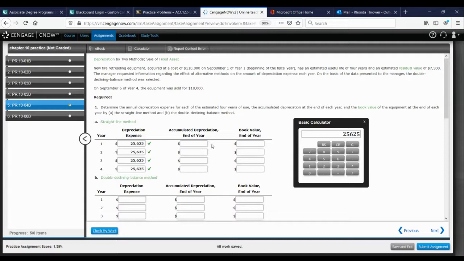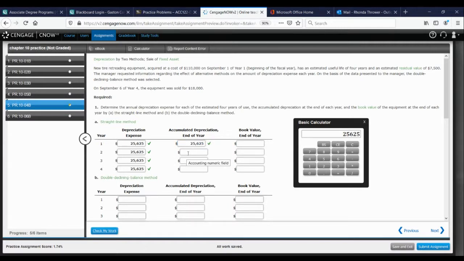To find the accumulated depreciation, what we're going to do in the first year is take the total amount of the depreciation expense for the first year. Remember, accumulated depreciation is a contra asset account. That means that it's going to have an increase side on the credit side of the account, and the accumulated depreciation at the end of year one is equal to the depreciation expense for year one.